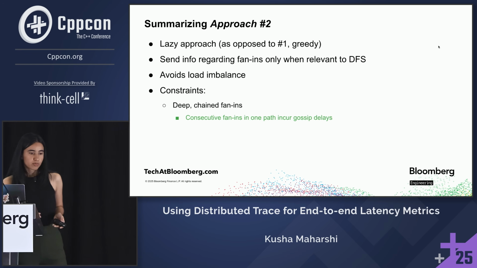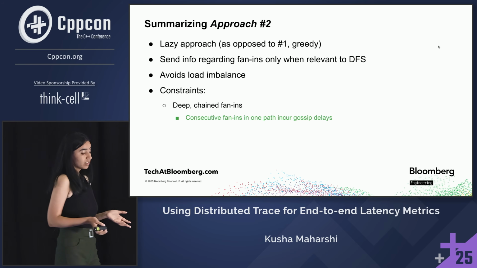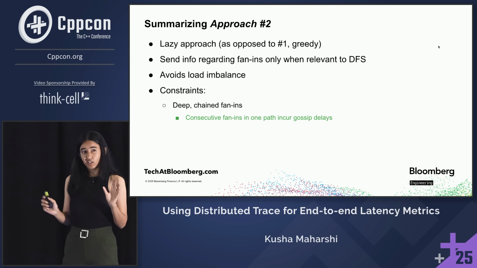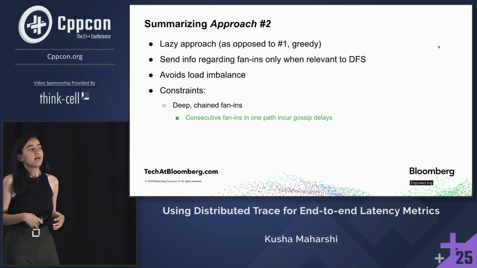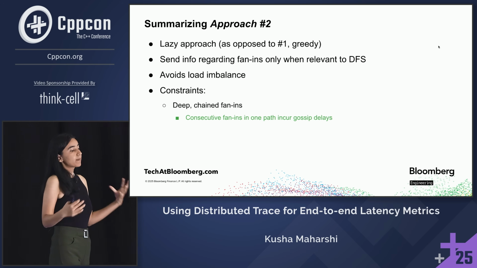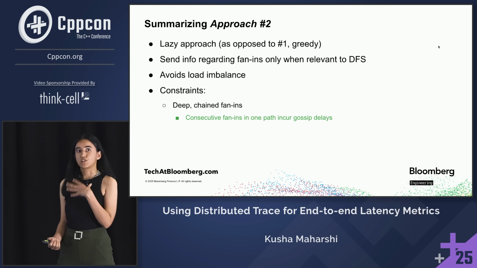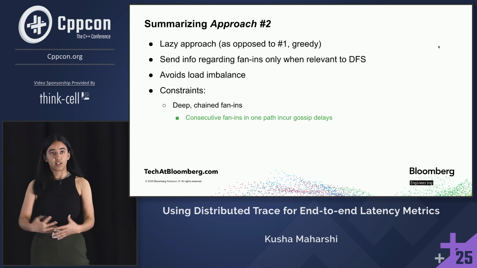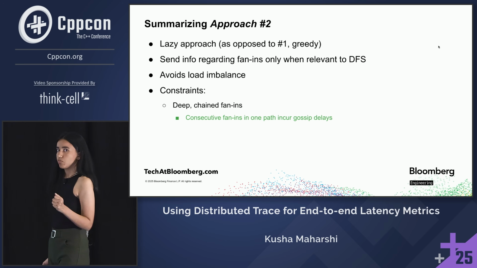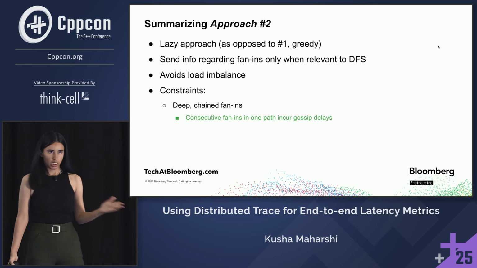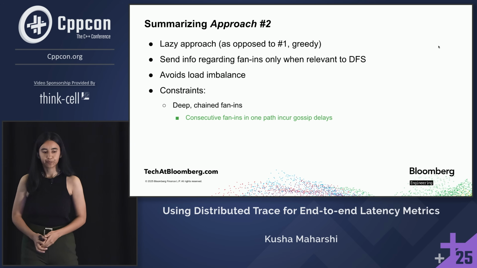Okay, after that detour, I just want to summarize approach number 2, which I like to call the lazy approach, as opposed to approach number 1, which is a greedy approach. We don't try to preemptively make sure that all the spans from the same trace bundle end up together. Instead, if and when we run into a problem while doing a DFS, we communicate with other Dagger instances.